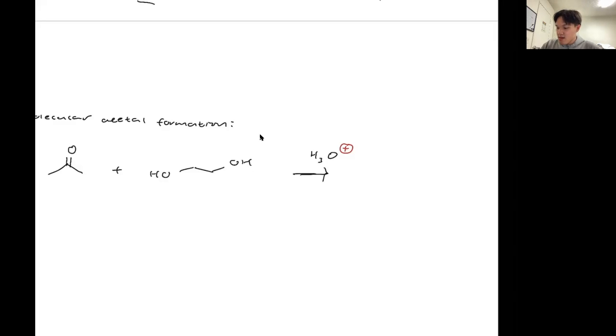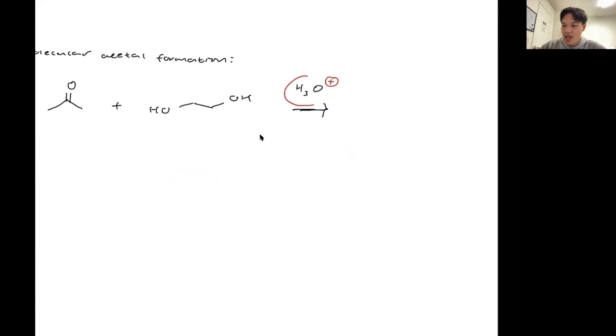So again, we see that we have alcohols here, and then we have a ketone here, right? Again, same thing. So this ketone is going to react with this acid over here, and it's going to form this, and then this, and then H2O, right?